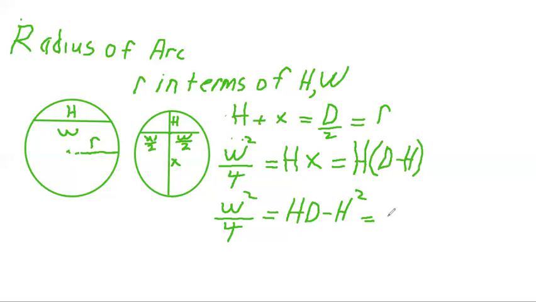So let me write that down. Okay, we need to replace the diameter with H plus X over 2. Sorry. Okay, folks. So what we have right here is H times H plus X over 2.